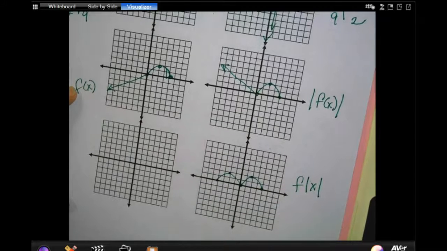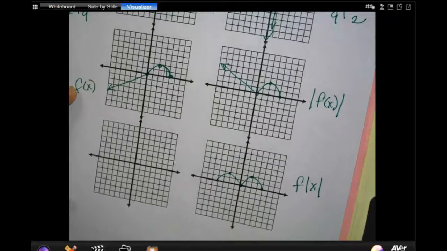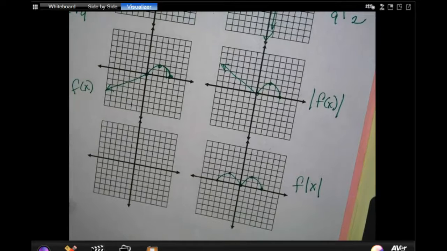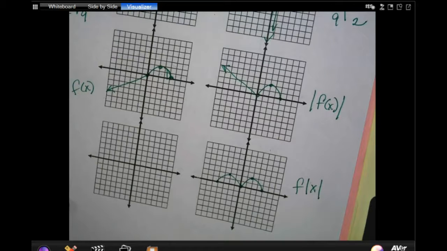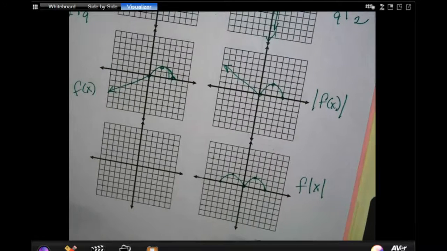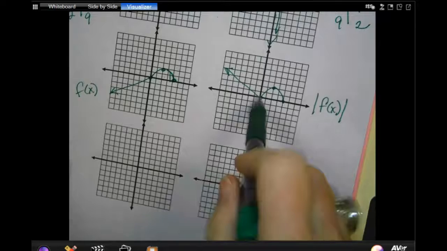So it would look like that. Take this and flip it. Do y'all see the difference between these?